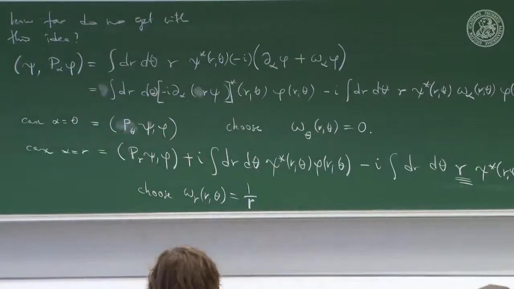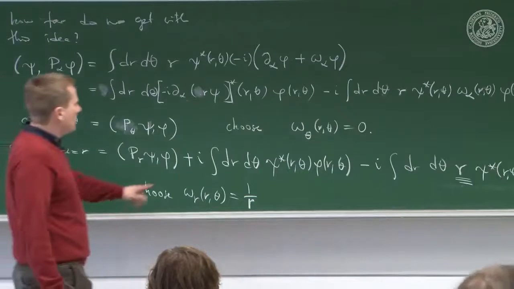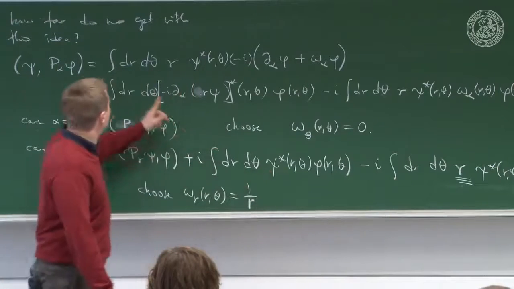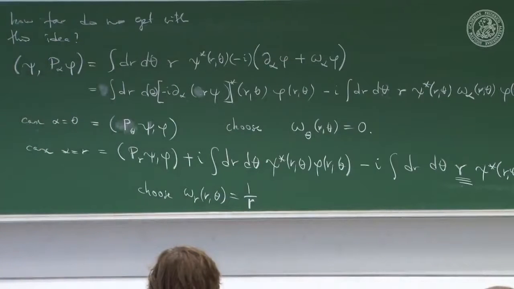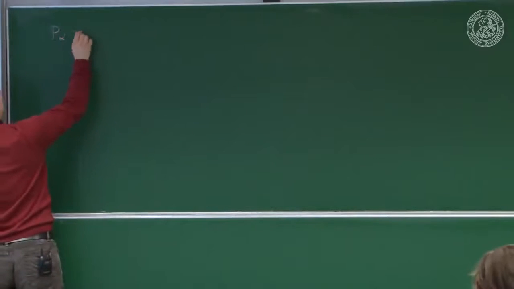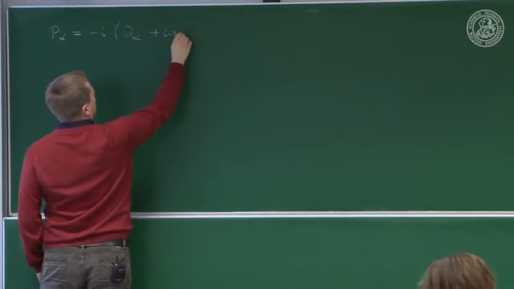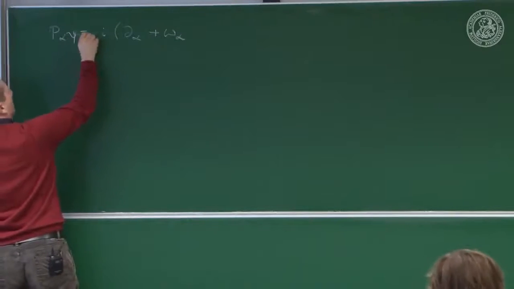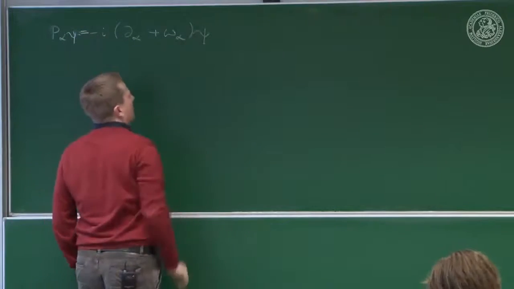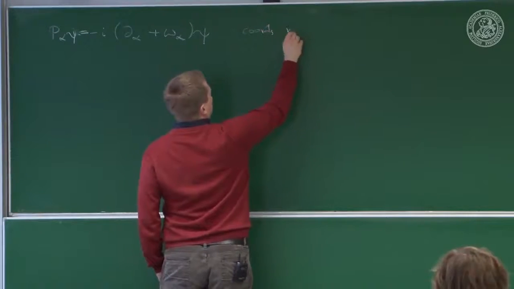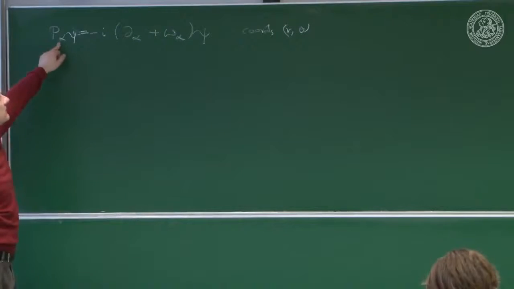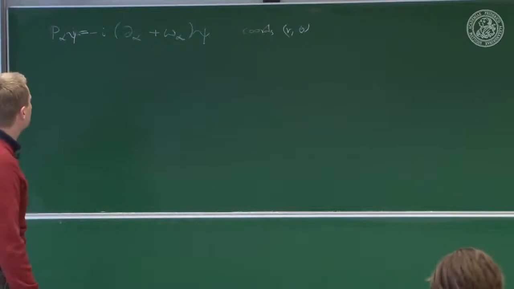Now one might worry whether this change of the p here, however, destroys the commutation relations. This could, of course, be the case. Well, let's check that. So what we found is that p alpha is minus I del alpha plus omega alpha, if acting on a wave function psi, and this whole thing in coordinates r theta, so that this is the tangent vector index to the r theta coordinates that are being induced.